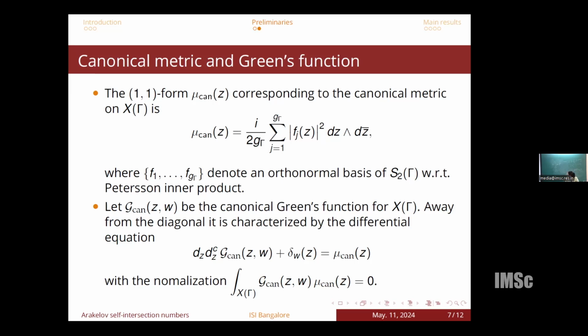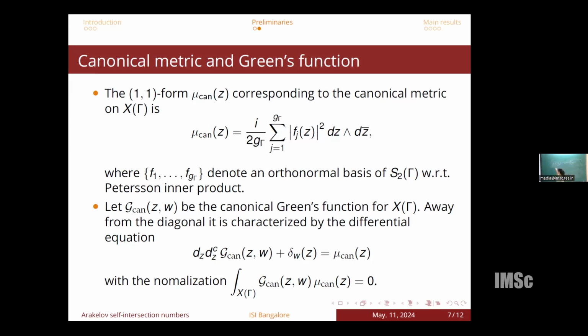Similarly, for any smooth metric you can define the Green's function. If you take any smooth metric mu, the Green's function is defined like this: dd^c g_mu(z,w) plus delta_w(z) is equal to mu(z) divided by the volume of X with respect to mu.